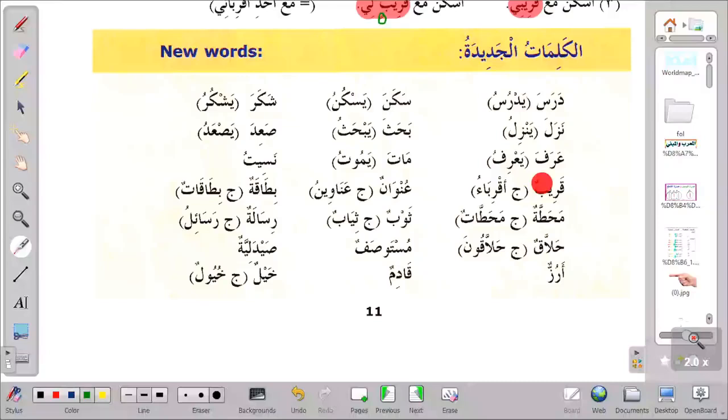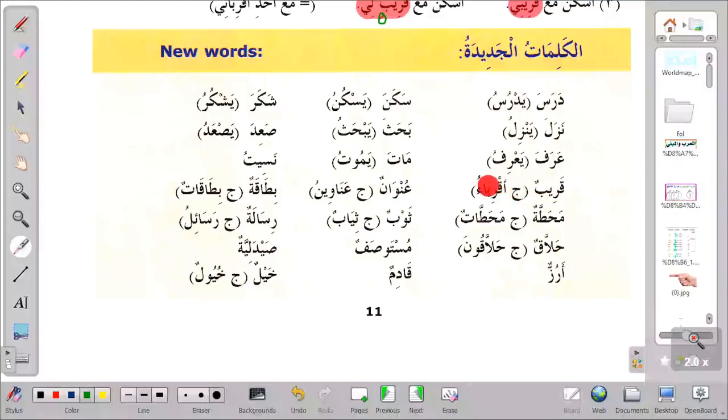Qaribun, a relative. In the same way, your relatives are very close to you, like your neighbor. Your relatives are one of the closest people to you. So of course, the words share a similar meaning, right? So qaribun, close, but qaribun, a relative also.